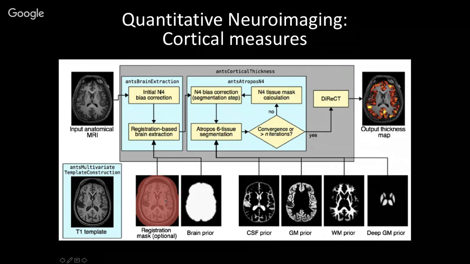It then includes a number of a priori models that allow us to segment out the CSF from the gray matter, from the white matter, and the deep gray matter as well.